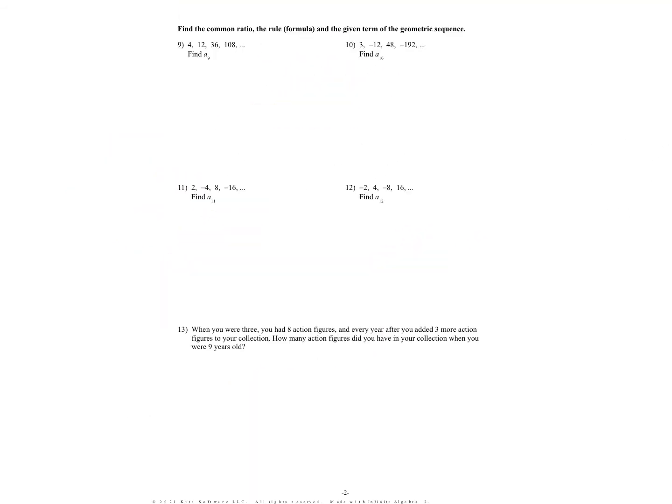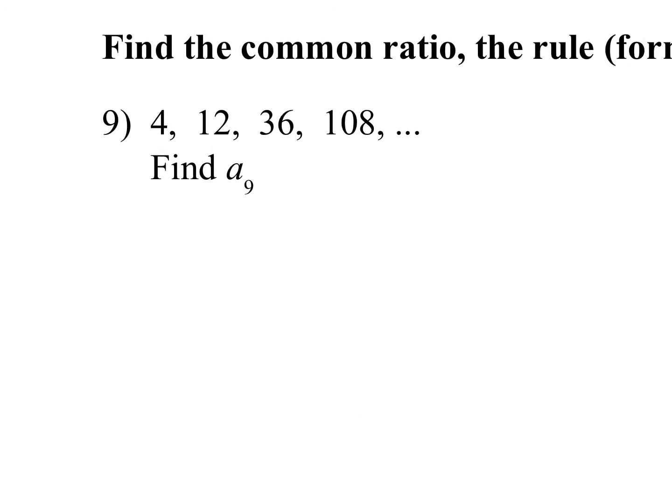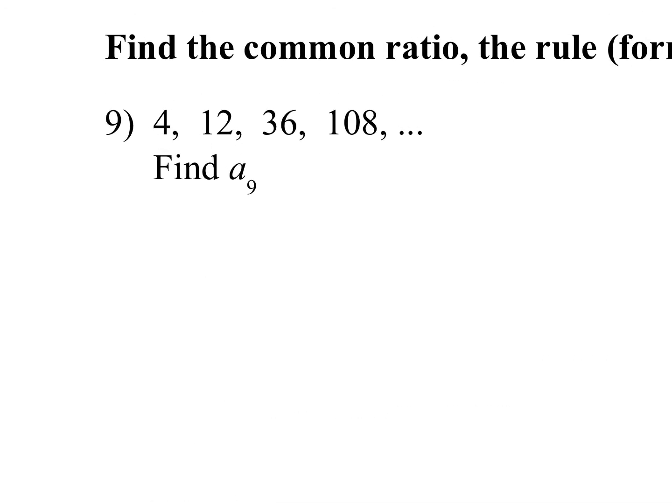So we're doing the same thing here, but with the common ratio. So for common ratio, in a geometric sequence, we multiply to get from one term to the next. So here we can see we're multiplying by 3. So our ratio is 3.